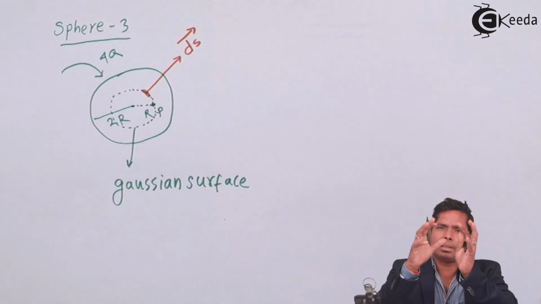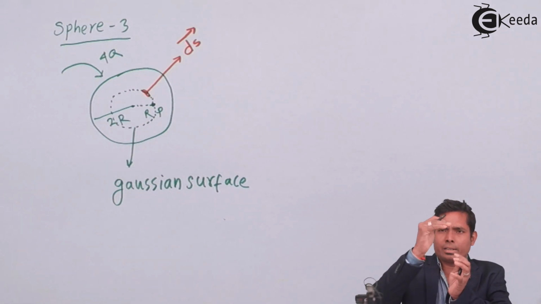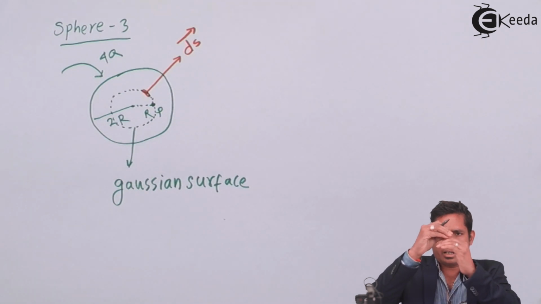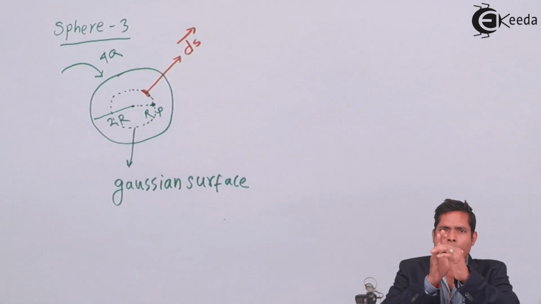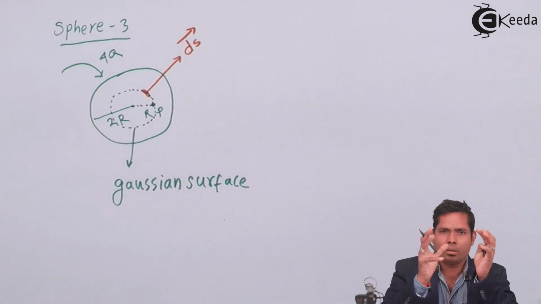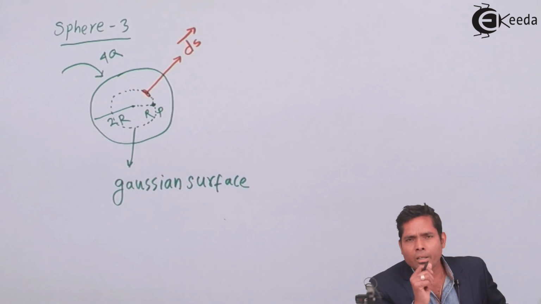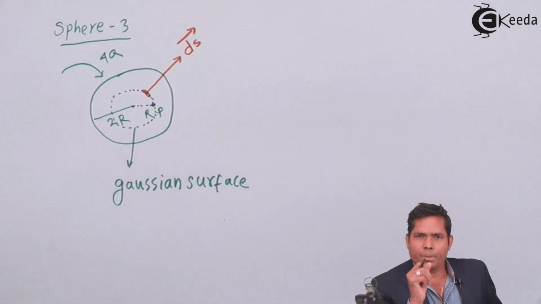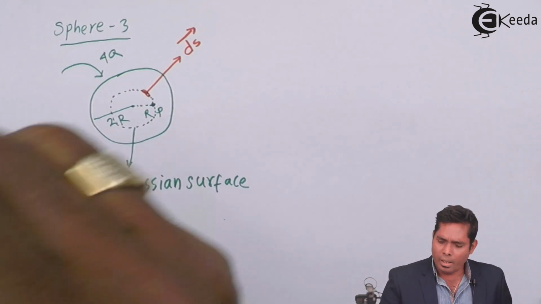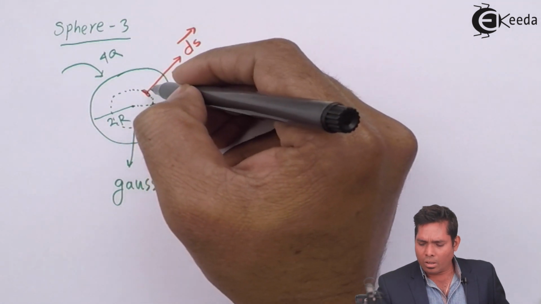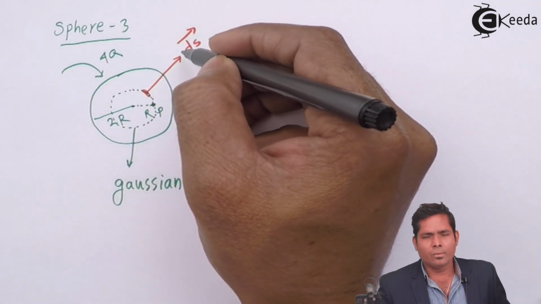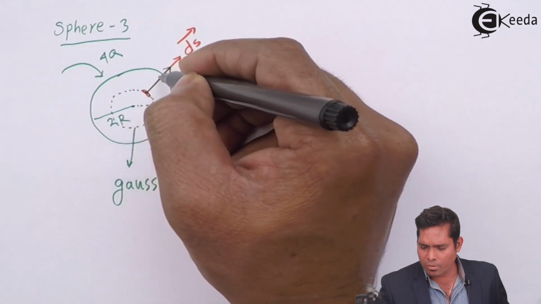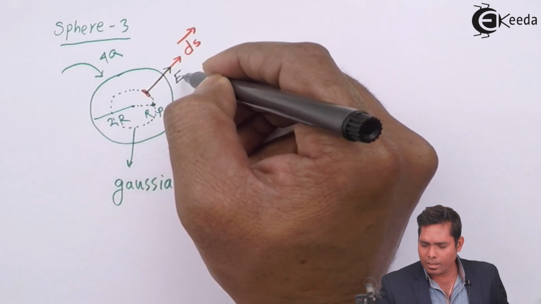When charges are symmetrically arranged, if you consider a small area over here, then the electric field will be normal, radially outward. We know that the electric field will be radially outward from a charged cylinder or charged sphere. So it is radially outward, and the normal to this surface is the area vector. Both are in the same direction, so this is also the direction of the electric field vector, E3.